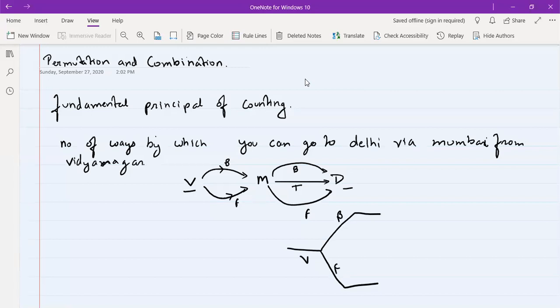Now suppose we go by bus and reach Mumbai. Now from Mumbai to Delhi, how many ways? Three ways, very good.